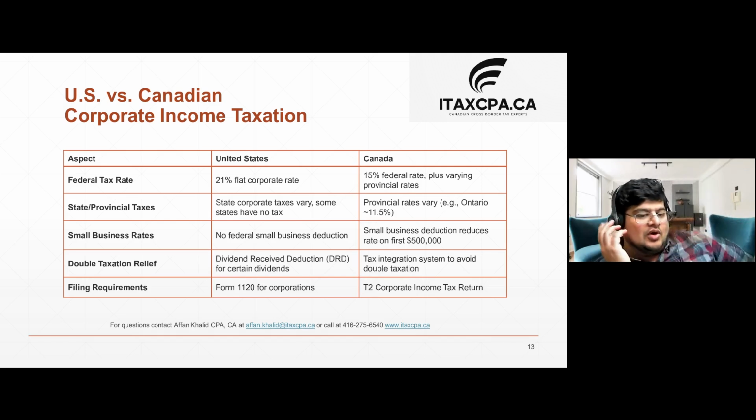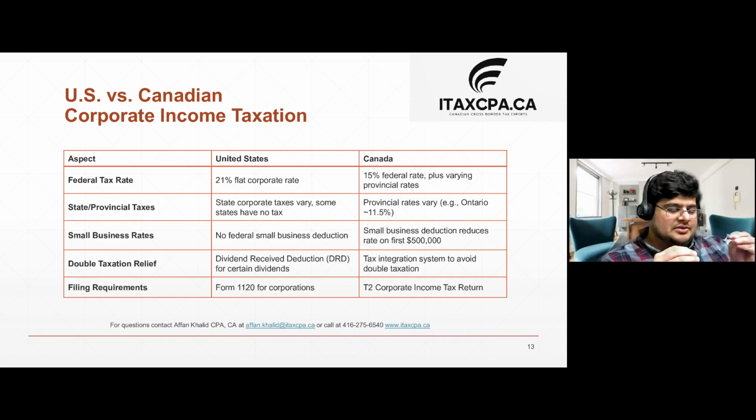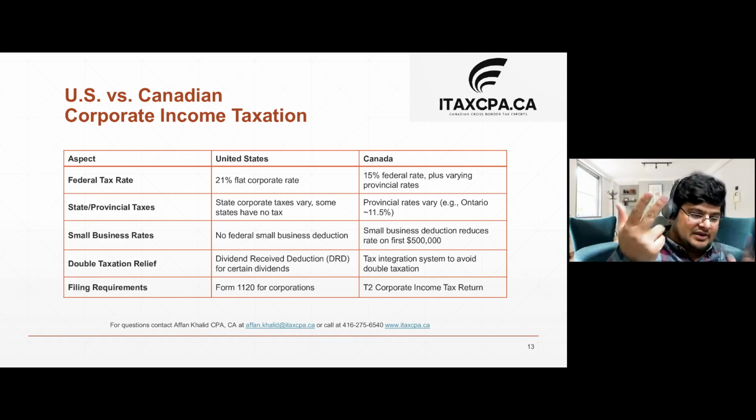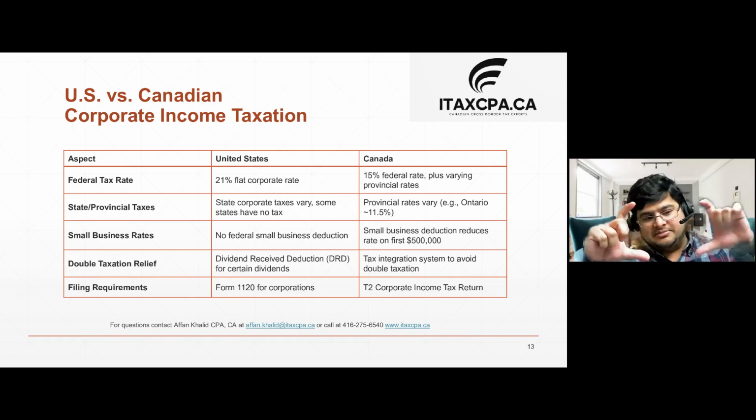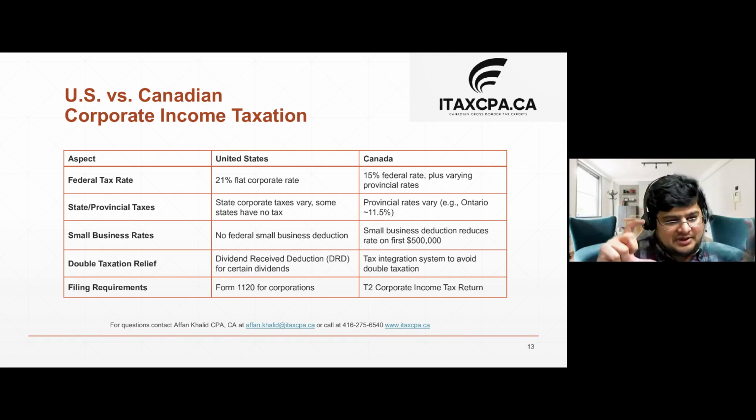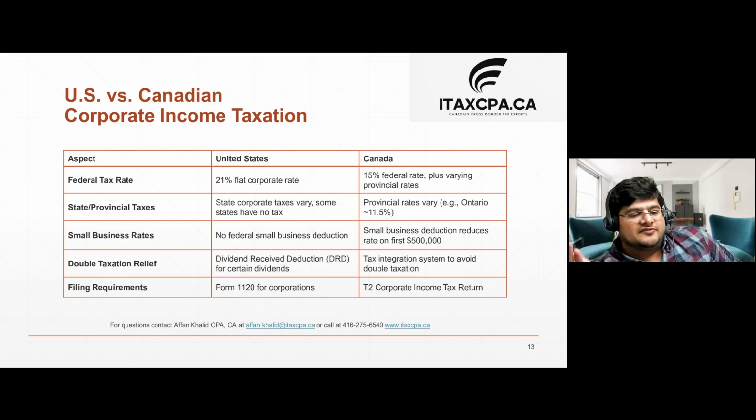But overall, the tax system is trying to achieve harmony or integration between earning income personally versus using a corporation, paying lower tax, but then when I pay myself dividend or salary, overall I should be indifferent. In a perfect world I should be indifferent whether earning salary income or income through a corporation. However, that doesn't work.